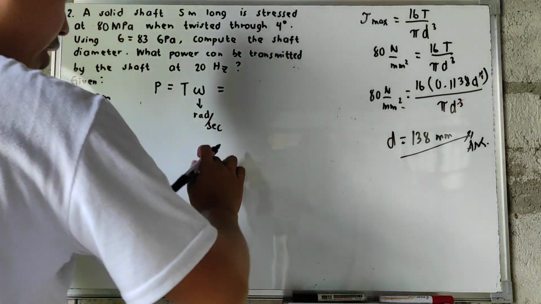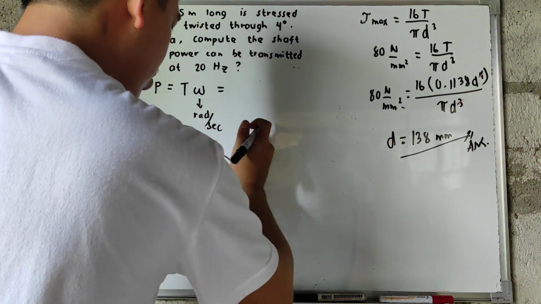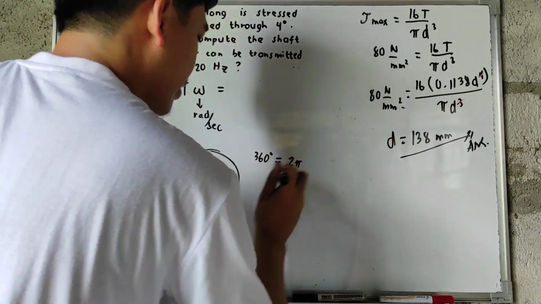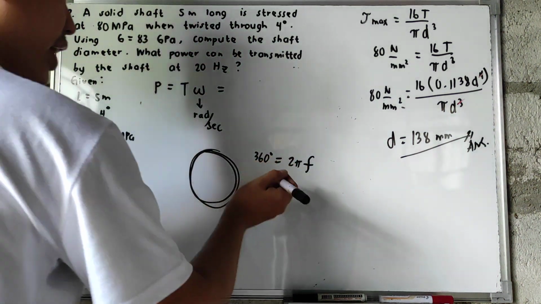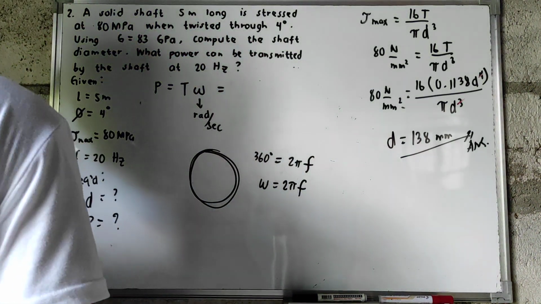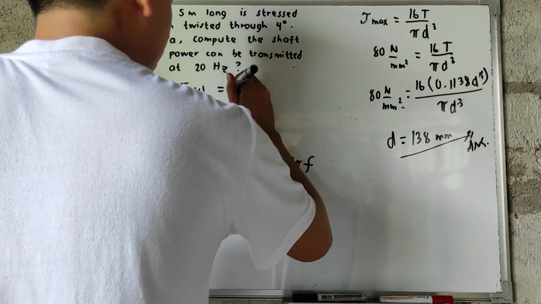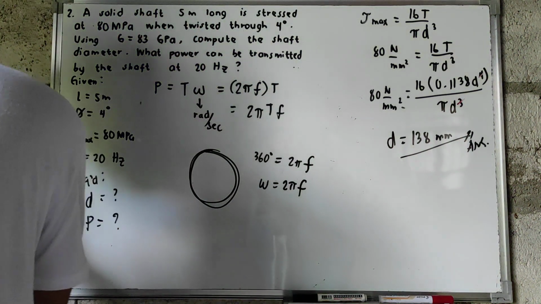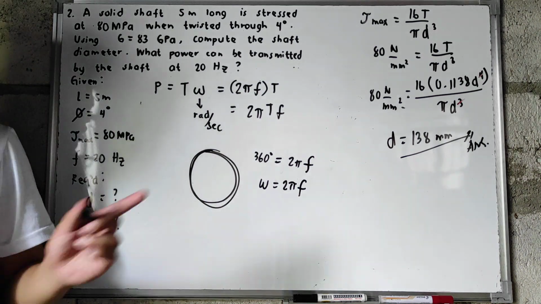When it completes one circle, that is equivalent to 360 degrees, or in radians, 2 pi. So one turn is 1, and how many times it turns is our F. So the value of our W is equal to 2 pi F, our frequency. Placing it in the formula, P becomes 2 pi F multiplied by T, or P equals 2 pi TF, wherein our F is the number of revolutions per second, how many times it rotates in our shaft.